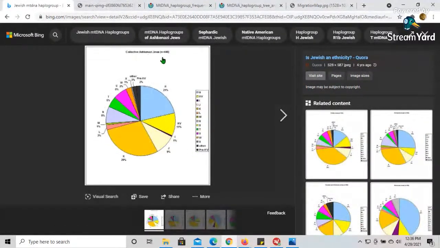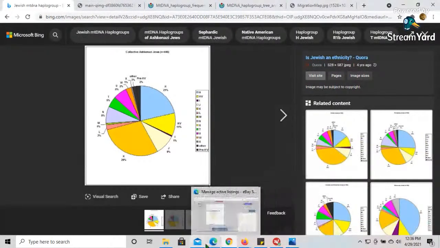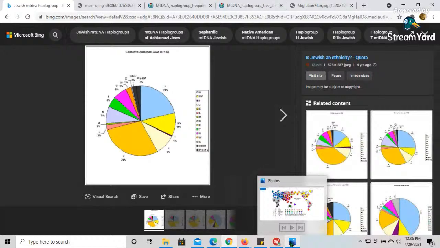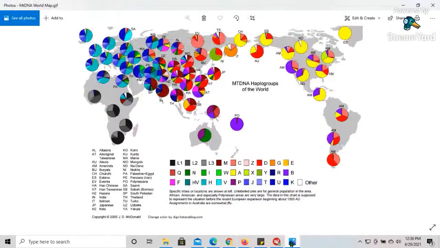Okay, collective Ashkenazi Jews. The H, the HV, the I, the J, the K. Again, the L and the M. See the sliver of the M? That's the sliver of the M, the N, the T, the U, and the X, and the W. It's basically entirely exactly the same thing. I'm just curious as to where the W is.